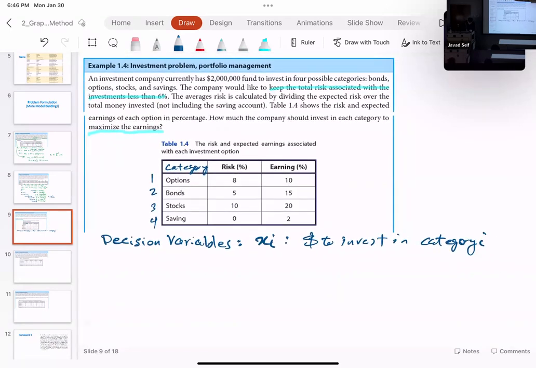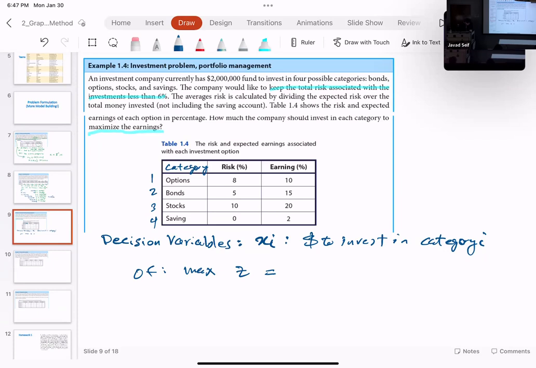Money to invest in category i. Okay, I have that. And it says, how much the company should invest to maximize earnings. So the objective function is maximize something equals to, how do I write the earning based on these guys?